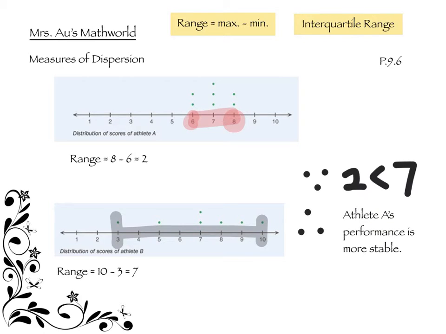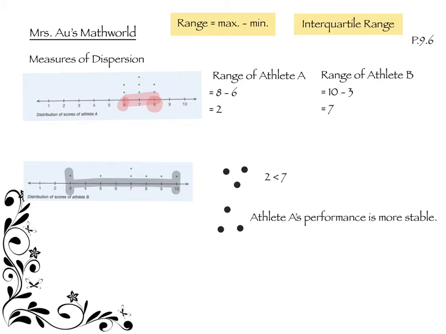If you want to present better, of course, you can write it this way. In this way, the presentation is very clear. Calculate the range of athlete A and B, and by comparing their ranges, you can see athlete A's performance is more stable.